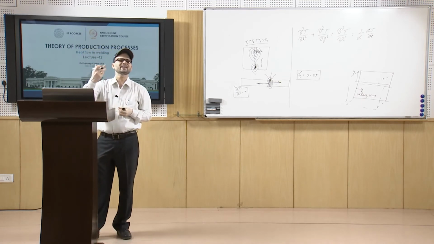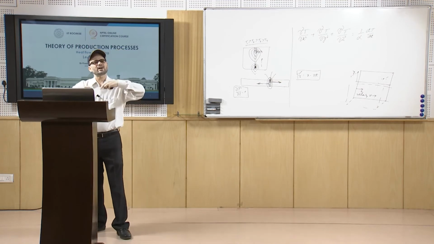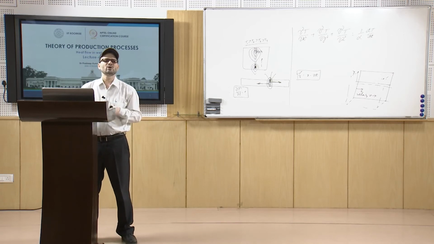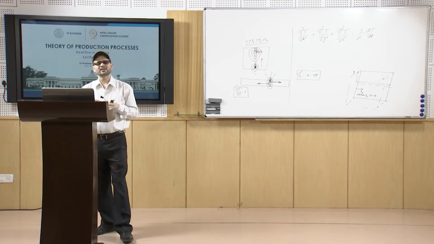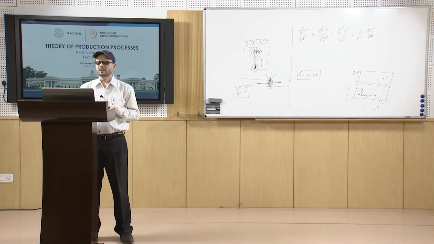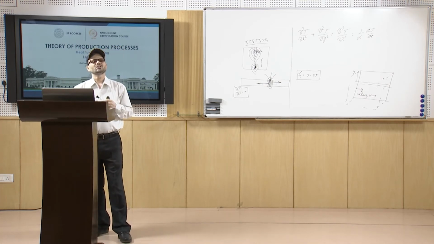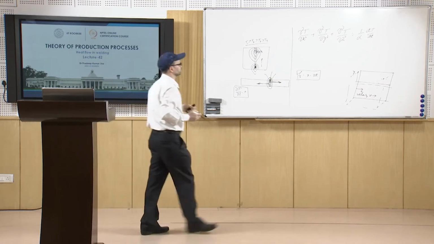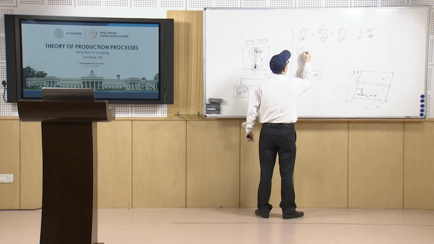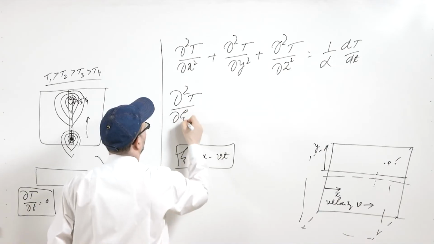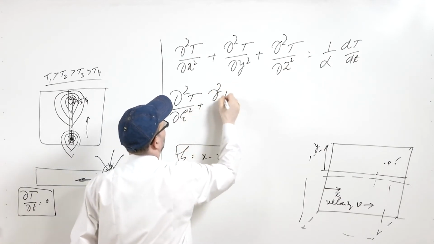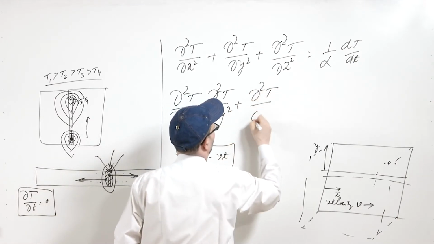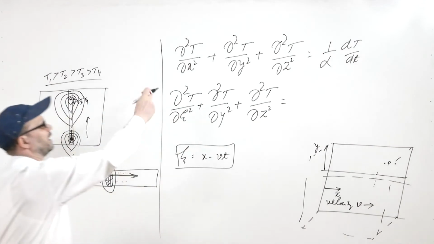So, it will be dou square T by dou zeta square plus again dou square T by dou y square plus dou square T by dou z square. This will be on the left hand side.